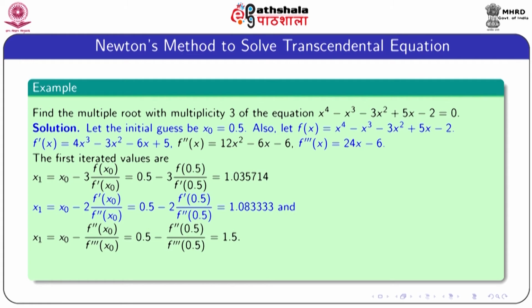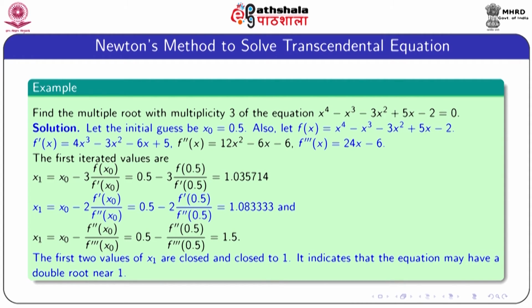The third value, x1 = x0 - f''(x0)/f'''(x0), this is the third formula, and its value is 1.5. So, note that the first two values are very close and close to 1, and this indicates that the equation may have a root close to 1.